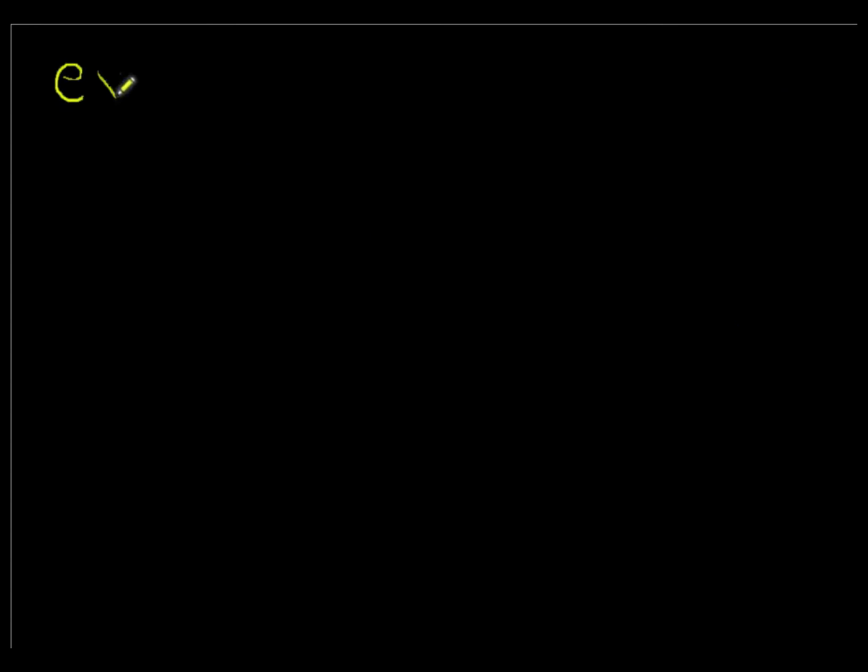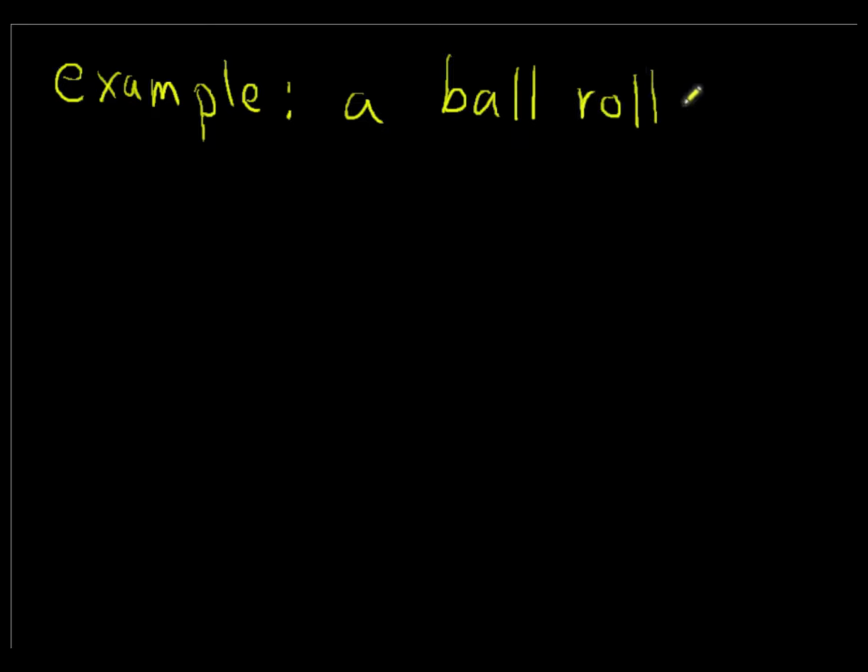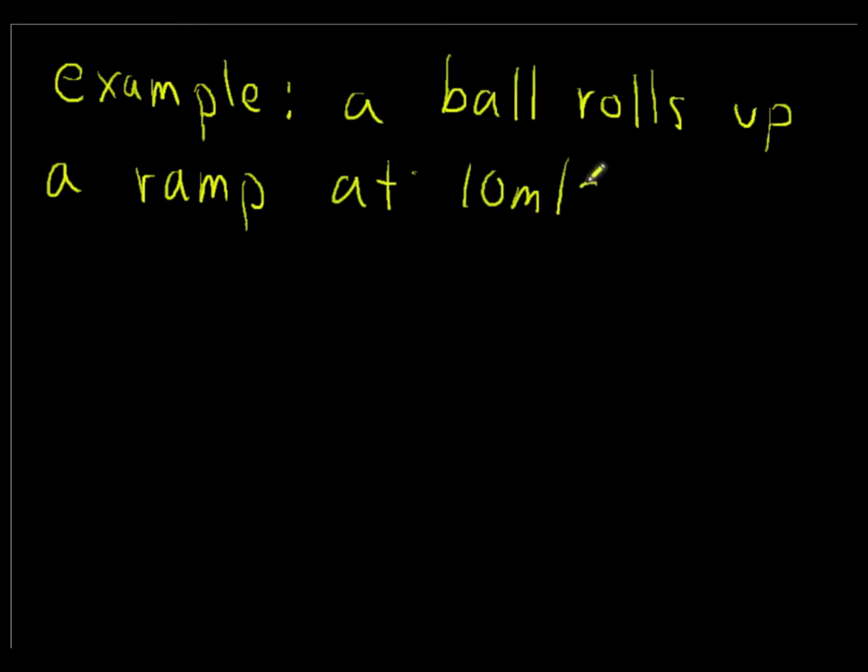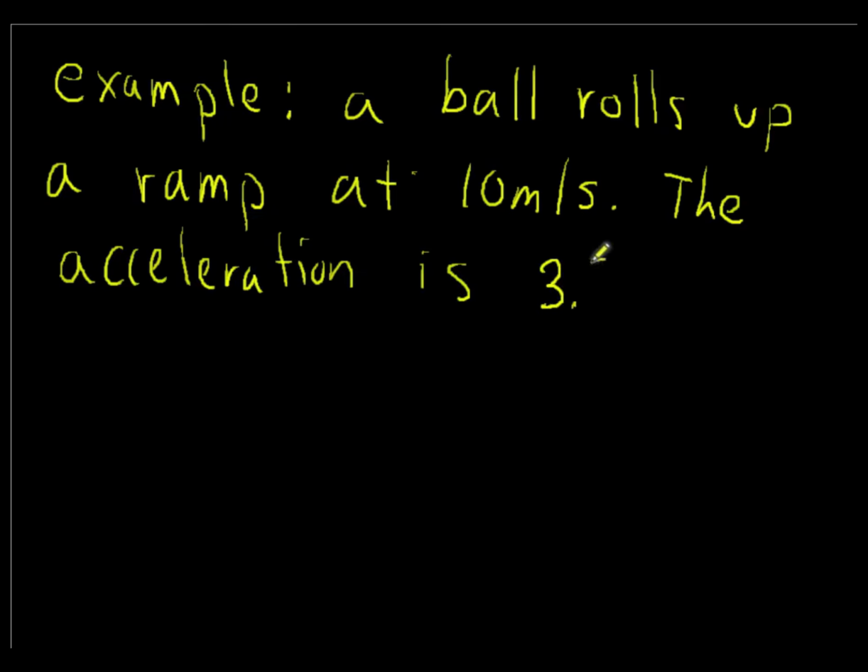For example, a ball rolls up a ramp at 10 meters per second. The acceleration of the ball is 3.5 meters per second squared down the ramp.